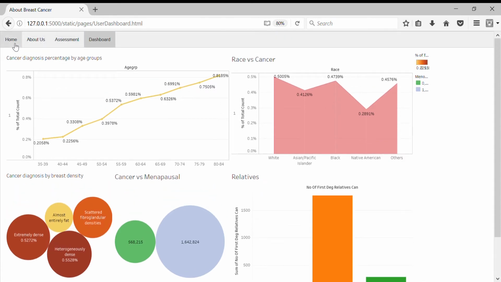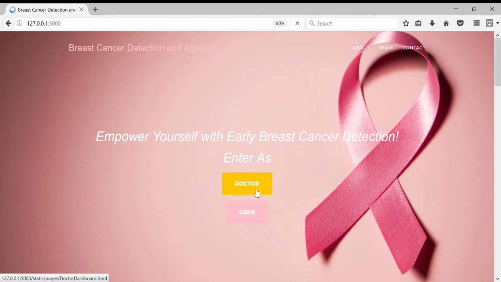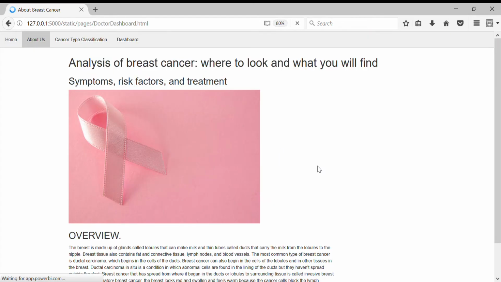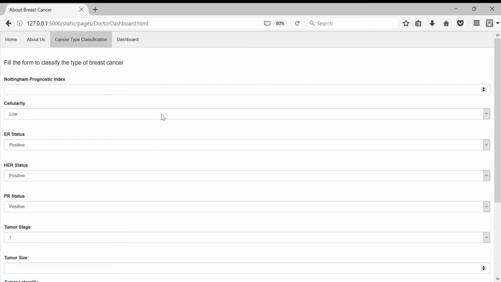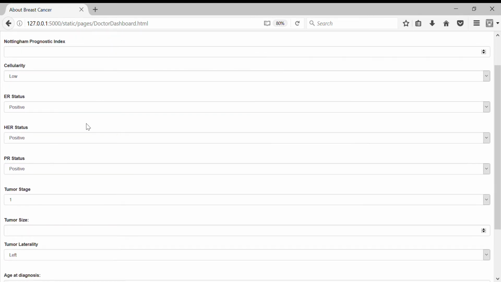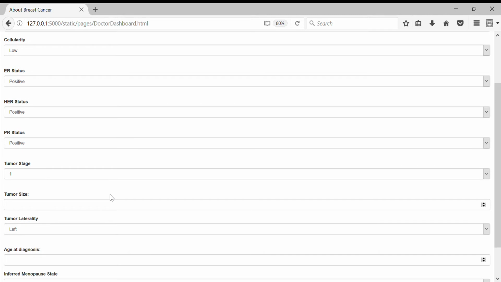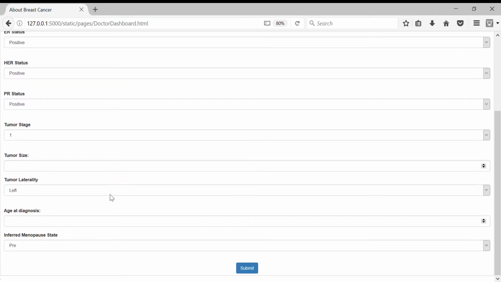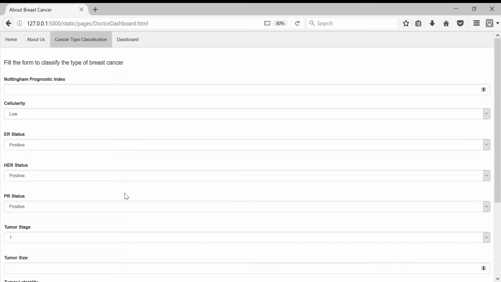And I'm going back to the doctor login. So in the doctor login, again, this is an overview. And here in the cancer type classification, these are all the parameters which the doctor or oncologist can enter, like tumor stage and tumor size, what is the tumor laterality, the age at which the user was diagnosed, and cellularity.